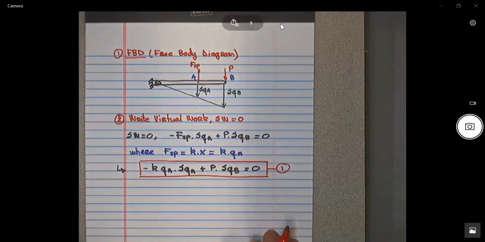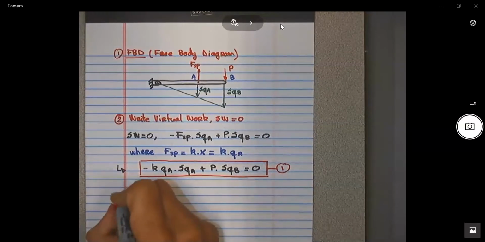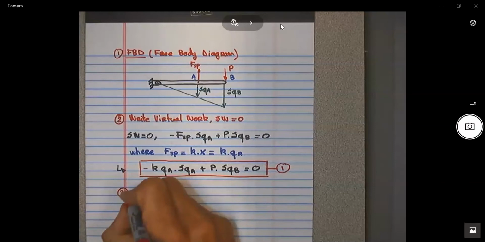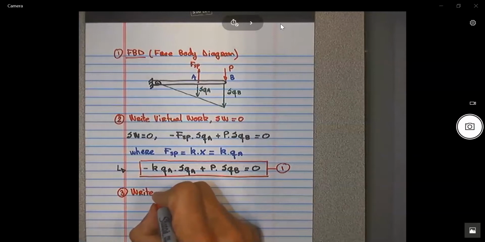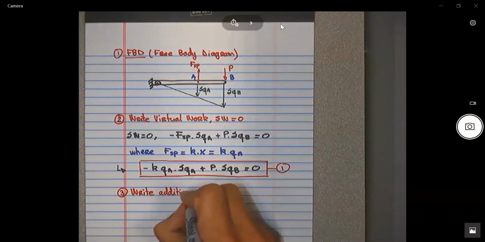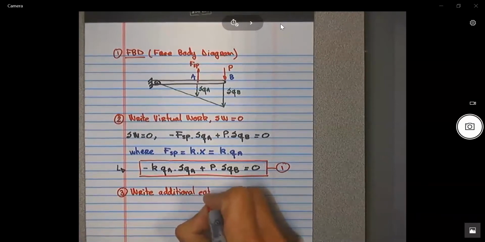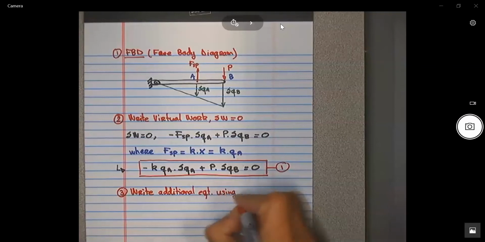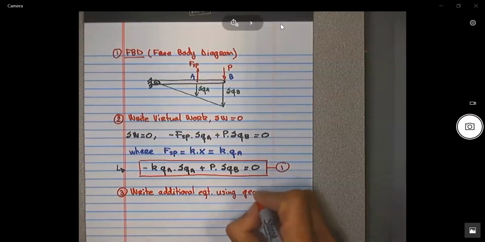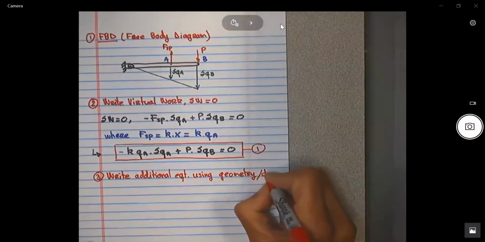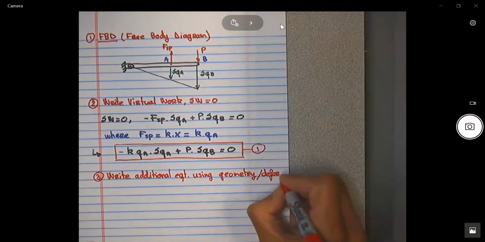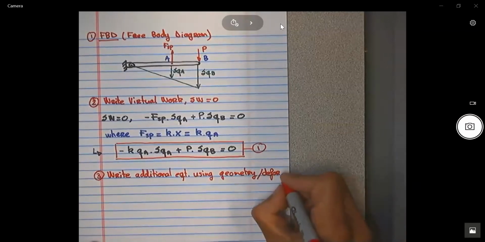Okay, so at this point, we found the first equation. There are two unknowns, delta Q sub A and delta Q sub B. What is the next step? It is to write an additional equation using geometry or deformation.